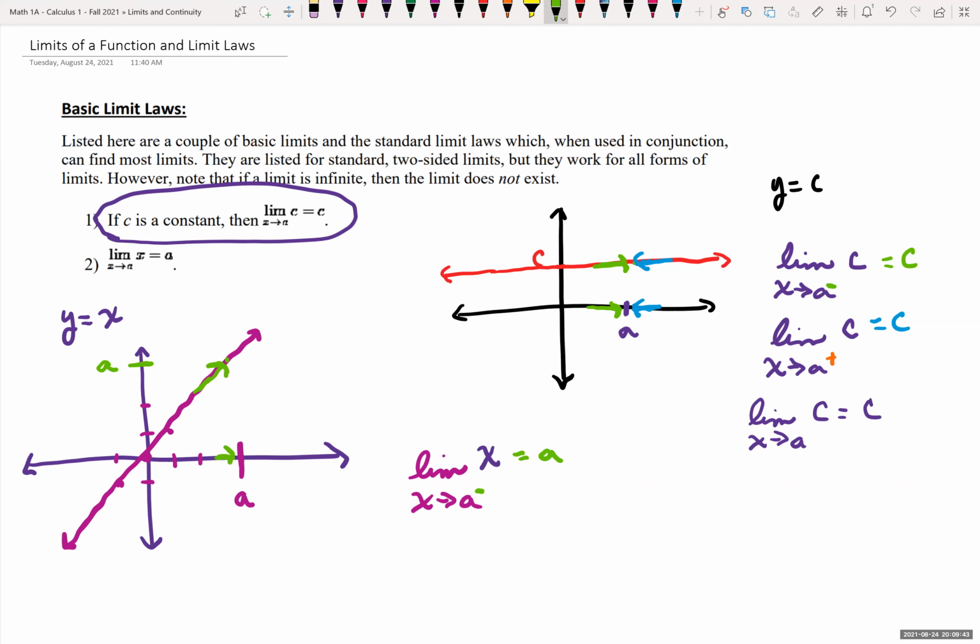And if I look at that limit as I'm approaching x equals a on the right, my y value I'm getting closer and closer to is also a. And so that tells me that this limit exists. And the limit as x approaches a of x equals a.